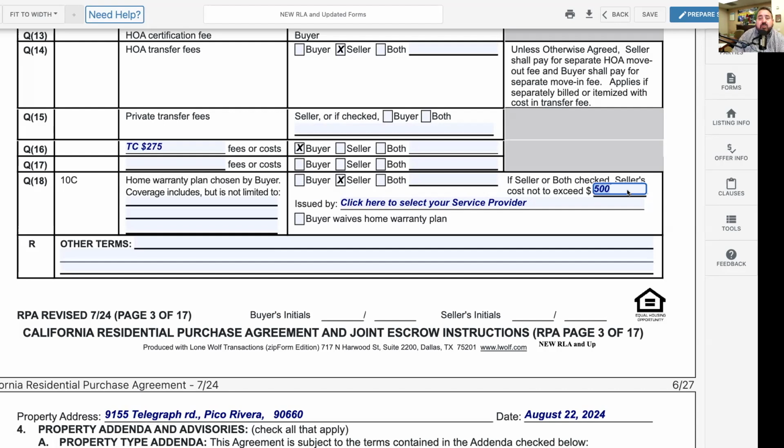I'd have to look at the schedules. Every one of your home warranty reps, for us in our office it's Gloria and Rebecca, has a schedule. They can show you exactly what it's going to cost for what kind of coverage you're going to get. Whatever that cost is, make sure you put that amount in here and type all of the coverages. With Rebecca, she talks about that Crest, right?